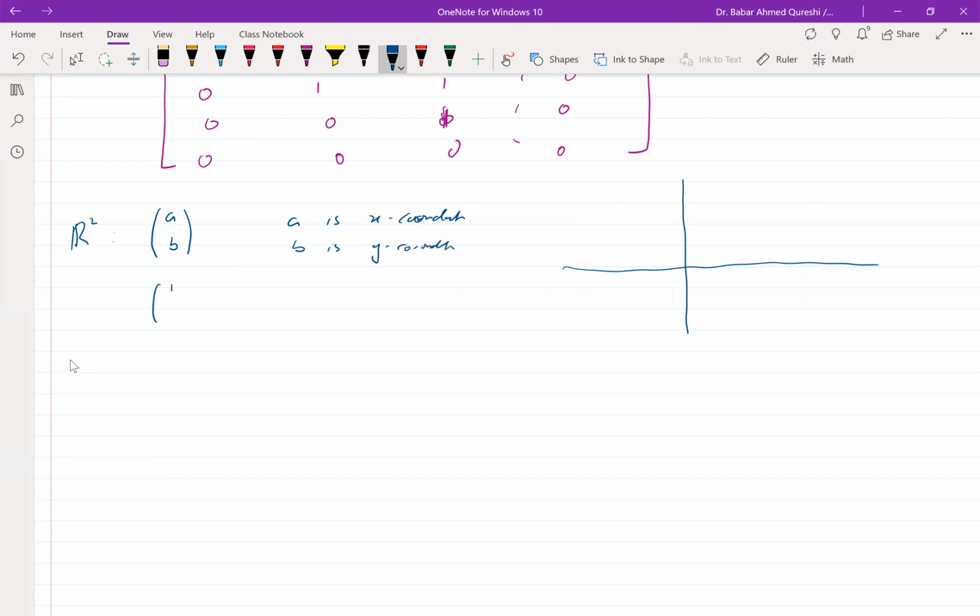So for example, if I write 1, 2, it's over here. And if I write 2, minus 3, it's over here. So you can make vectors from the origin to the point which describes these two numbers. And then the rules of vector addition just translate that you add the components, just like we have been doing. And you can scale these vectors, change their length by multiplying by numbers.